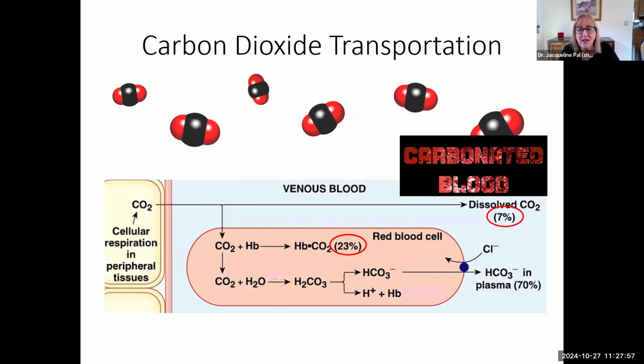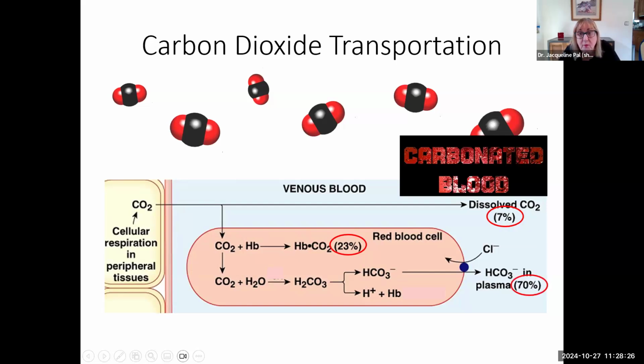And whether or not there's oxygen bound has nothing to do with whether or not carbon dioxide can bind. Okay. So that, once again, is still a minority of it. So we still have 70% left over. So what's the other 70% going to do? Well, it's going to go into a chemical equation where eventually it's going to end up back in the plasma as this.